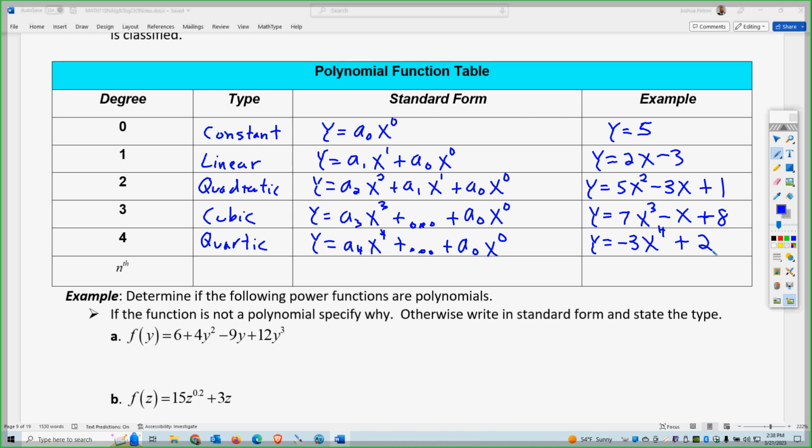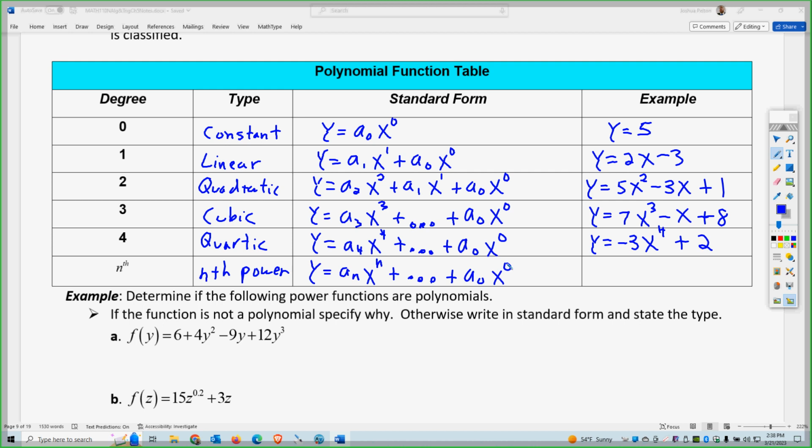You can put all, some, or none of them. The only thing that matters is the highest one is the fourth power. After that you just call this the nth power, and there are other names, but we're not going to go through them. So y equals a sub n x to the n plus dot, dot, dot, all the way down to the 0 power. I'm not going to put an example there because it's just arbitrary.